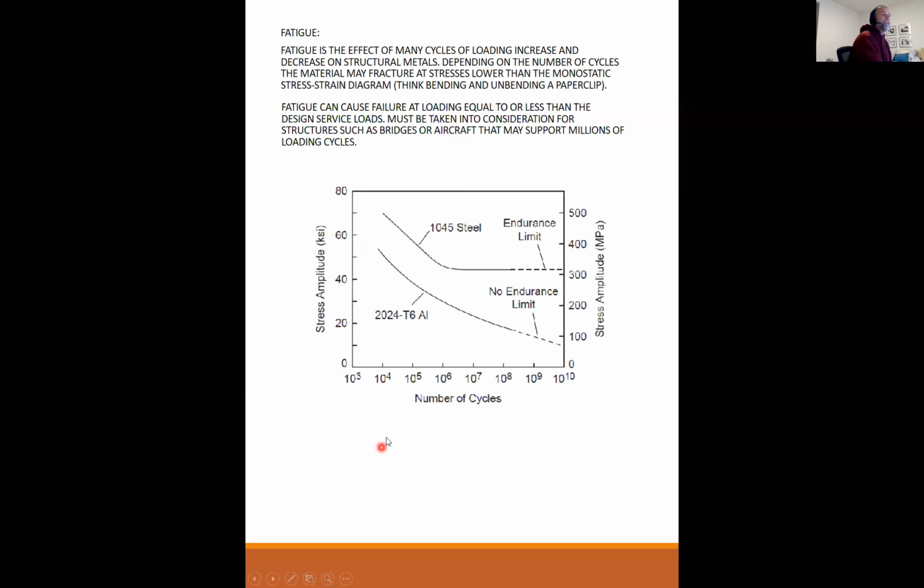So how much load you can have on the material depends drastically on how many cycles it's ever going to experience in its lifetime. And so think bridges. How many times do trucks roll on and off of a bridge? Every single day over the 50 years that that bridge is around.